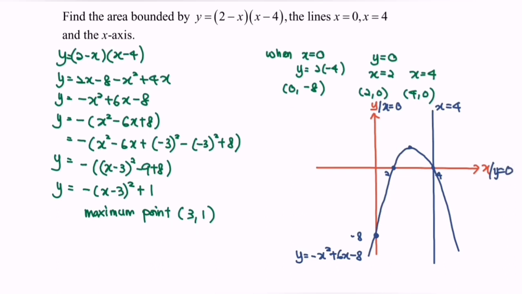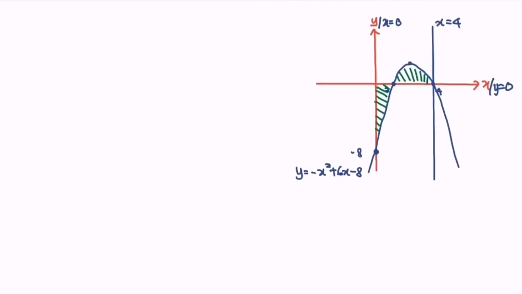Then identify the region bounded by the graph. So here will be the region. Next, we will have this region. So kindly refer to the graph. So I name it as A and B.